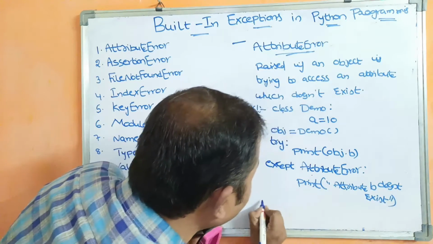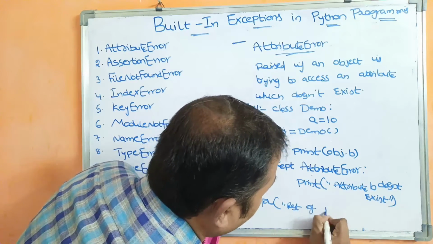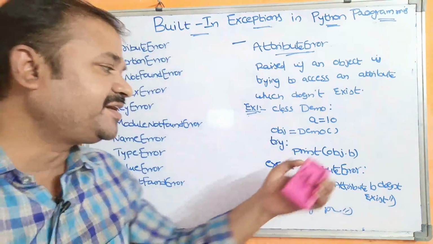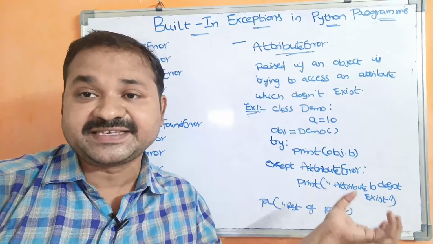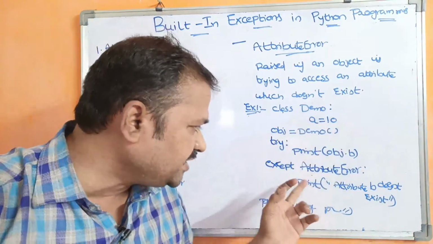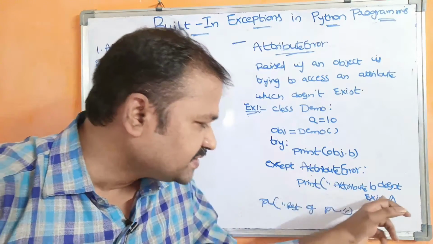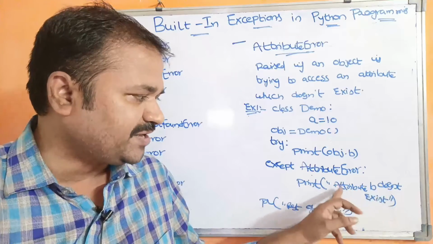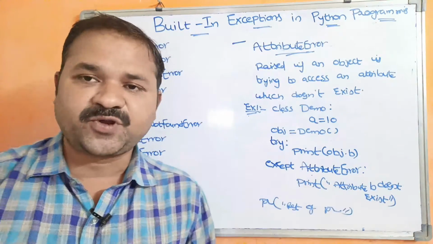And the next statement is print of rest of the program. So whenever the try block is executed, it throws an AttributeError exception. That will be thrown to the except block. So now this except block will get executed: attribute b doesn't exist, and rest of the program.